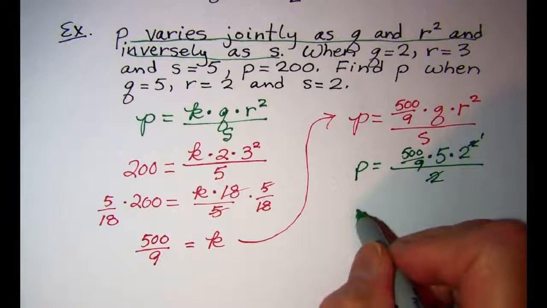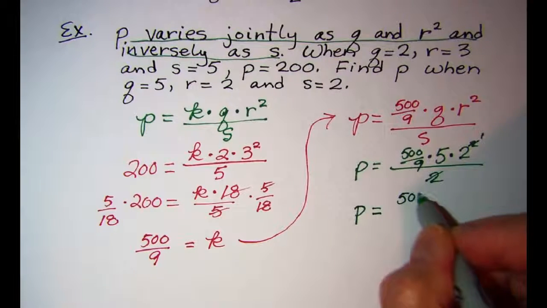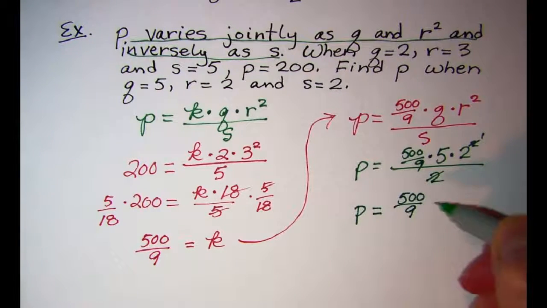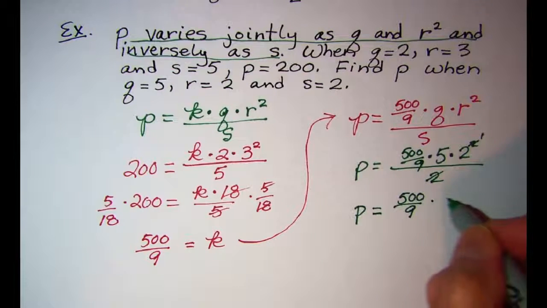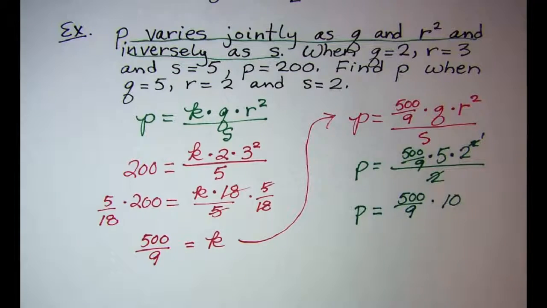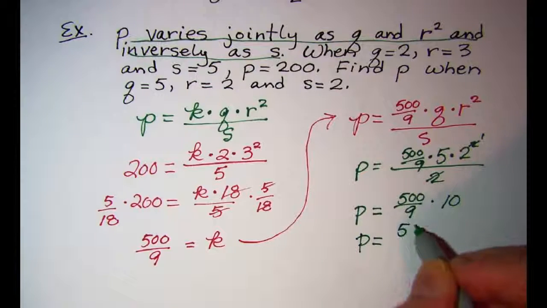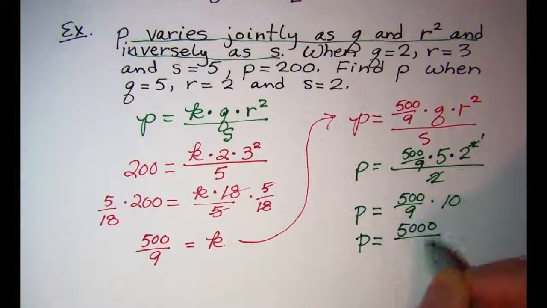And I have P is equal to 500 over 9 times 10. 5 times 2 is 10. I no longer have this denominator. And so it looks like P is equal to 5,000 over 9.